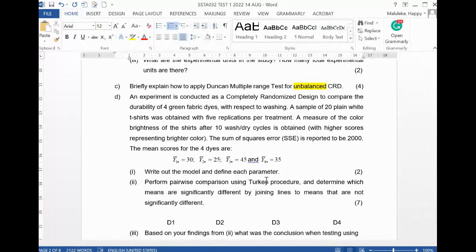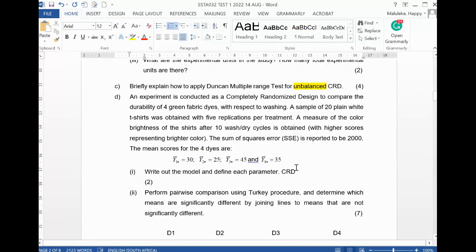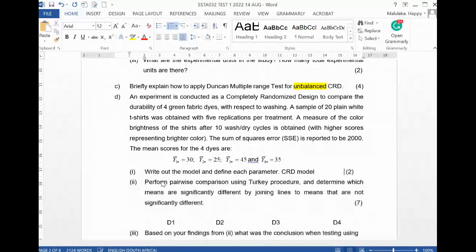So this information again is there in your study guide. You can just check the model of the CRD model. It's there in your study guide, guys. Let's make sure that we push the part where we need more time.